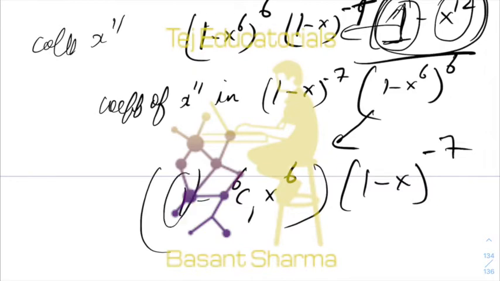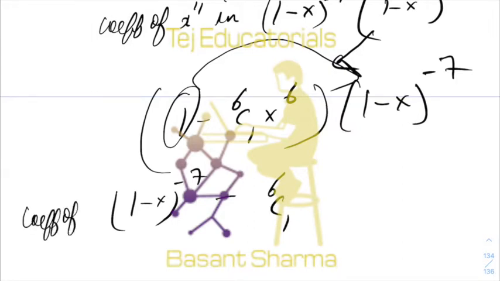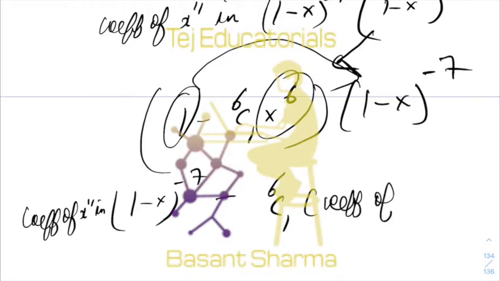the coefficient of 1 into this, so the coefficient of x to the power 11 in (1 minus x) to the power minus 7, minus 6c1 into the coefficient of x to the power 11 in this. Now x to the power 6 is already there, so the coefficient of x to the power 5 in (1 minus x) to the power minus 7.